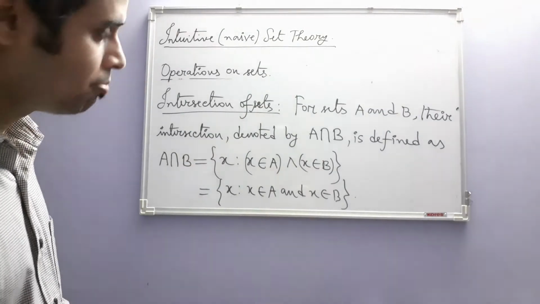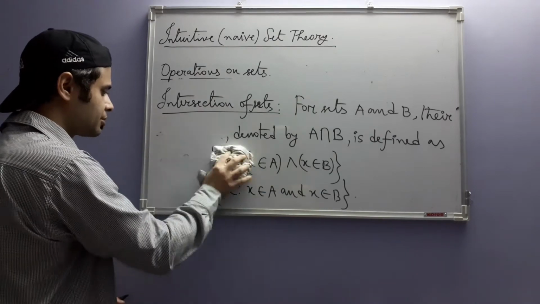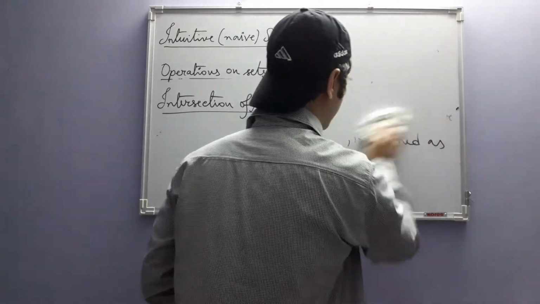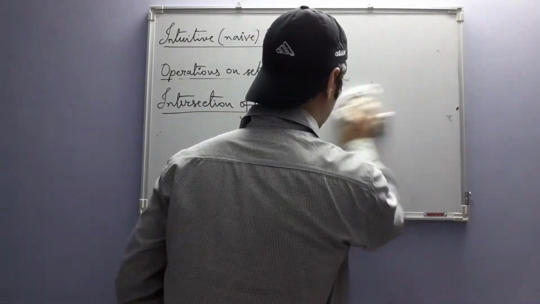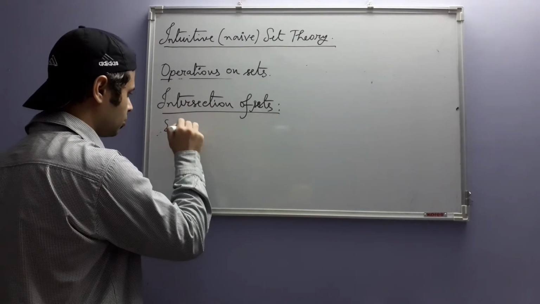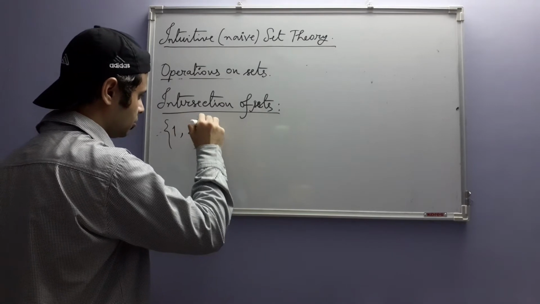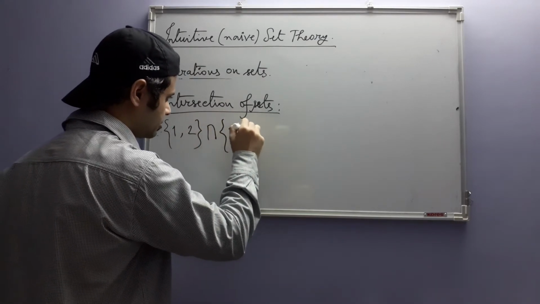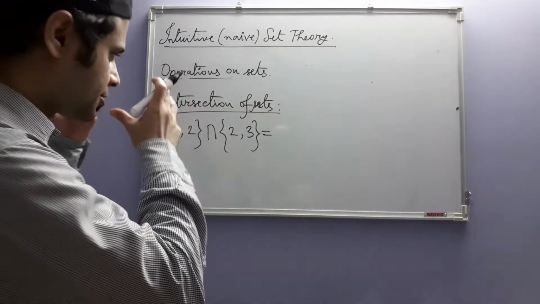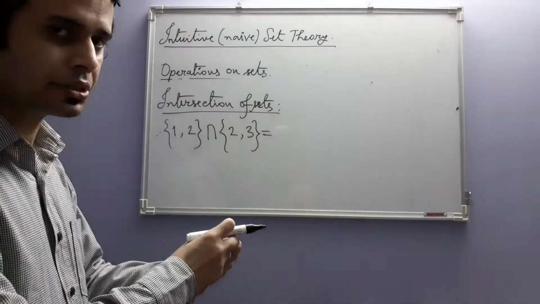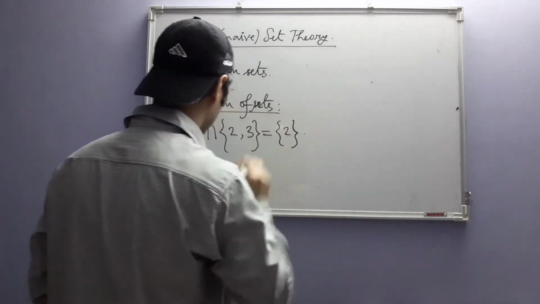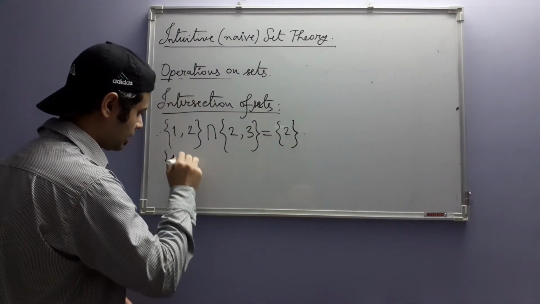Okay, now we go back to the examples that we considered previously in case of union. For example, if I remember correctly, intersection of these two sets. Here you have to take common elements. Okay, x must belong to the first set as well as the second set, and there is only one such element, so 2. What about that one, the second one?